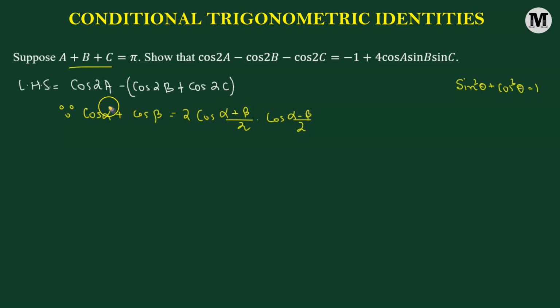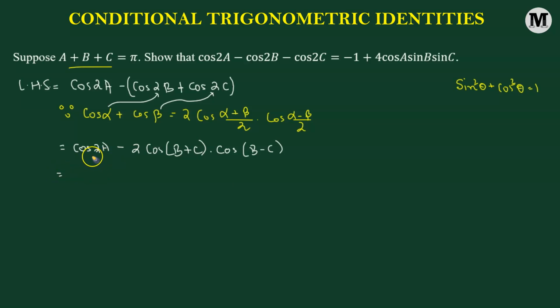So here we will suppose that alpha corresponds to 2b and beta corresponds to 2c, such that we get cosine of angle 2a minus 2 times cosine of angle alpha plus beta over 2. Now what is alpha? That's 2b, and beta is 2c. So 2b added to 2c divided by 2 simply gives us b plus c, multiplied by cosine of alpha minus beta over 2. That's going to give us b minus c. Fine.